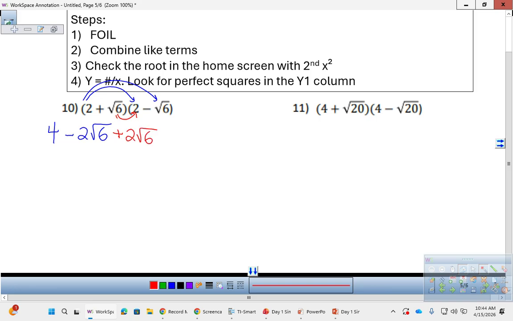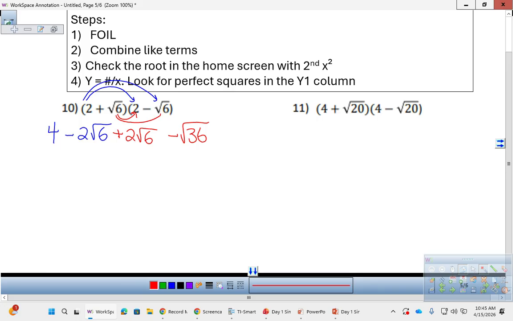And then positive root 6 times negative root 6. So the positive in front is like a positive 1, and the negative in front is like a negative 1. So the coefficients are positive 1 times negative 1, which gives me a negative. And root 6 times root 6 is root 36 when I'm multiplying them.